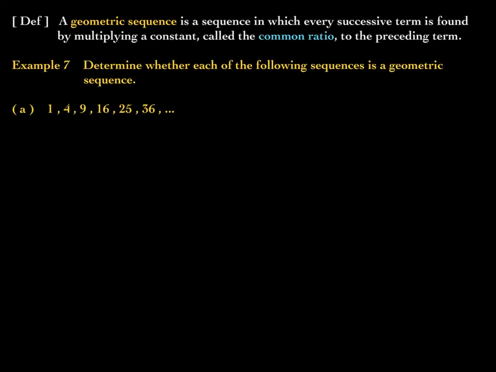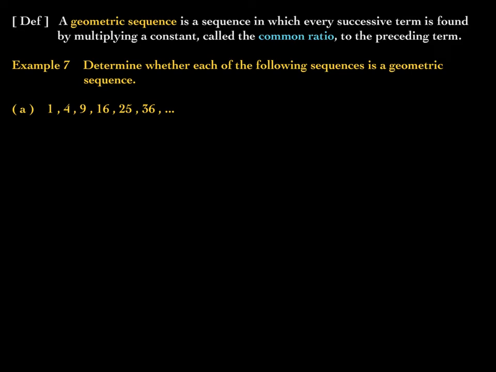Now let's use the definition for a geometric sequence to determine whether each of the following sequences is a geometric sequence. In order for this sequence to be a geometric sequence, you need to be multiplying by a common ratio. So all we need to do to find the common ratio is to divide any pair of successive terms.